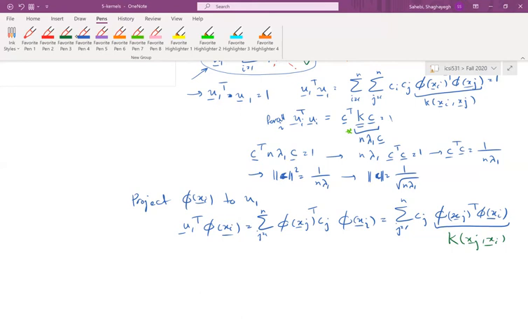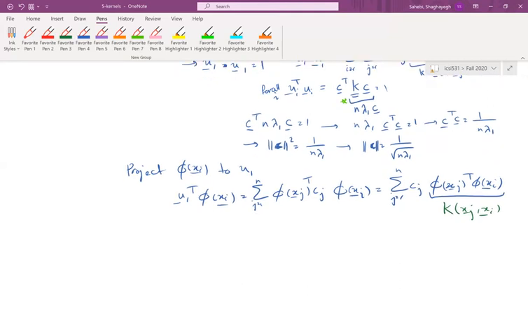So basically it means that the projection of my phi of xi, my data point, onto the first kernel PCA axis is going to be equal to the summation of j equals 1 to n of cj times the kernel between all the other data points and my data point xi.